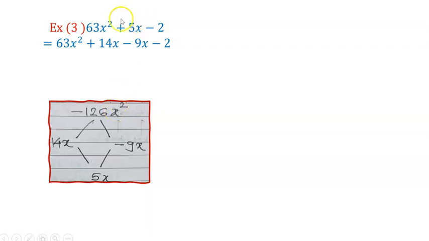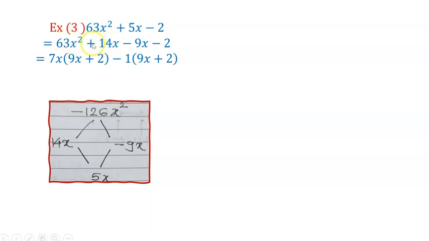Hence we will replace 5x by 14x minus 9x. Their sum is plus 5x and the product is minus 126x square, that is the product of the first and the last term. Now from these two terms we will take x as common, and 14 can be written as 2 into 7 and 63 can be written as 7 into 9.